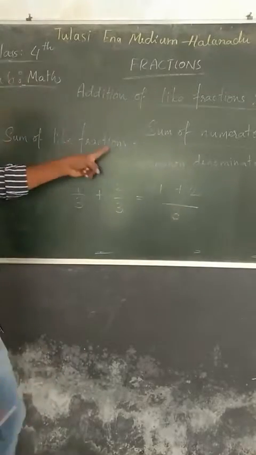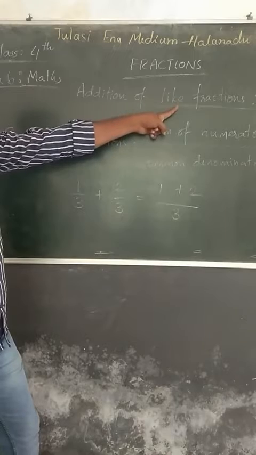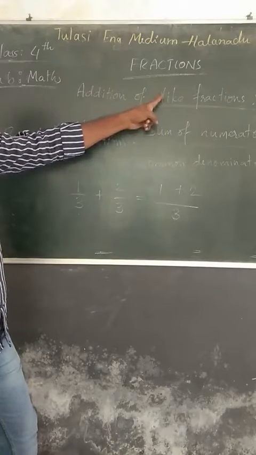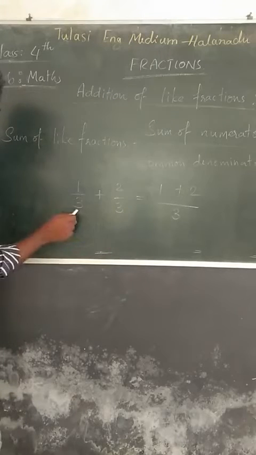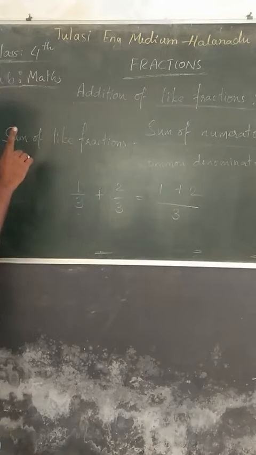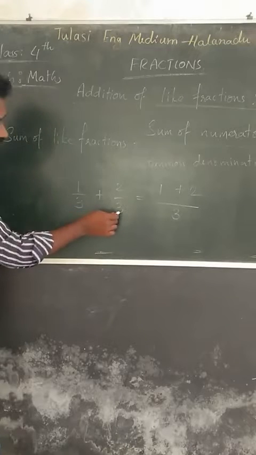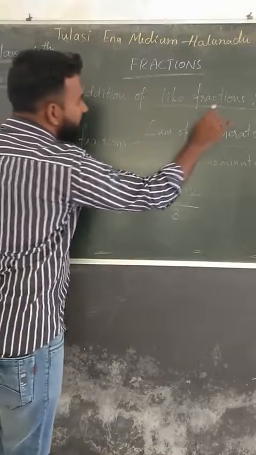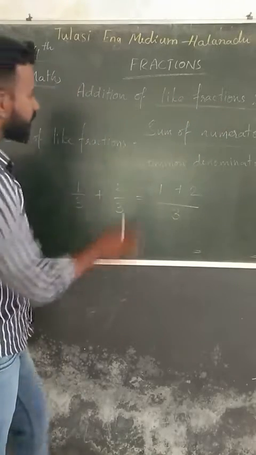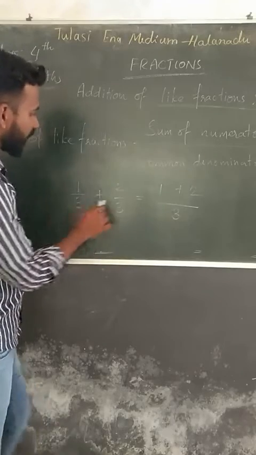This formula is only for addition of like fractions, not unlike fractions, because in unlike fractions the denominators are not the same. These fractions are like fractions, so it's easy to add.